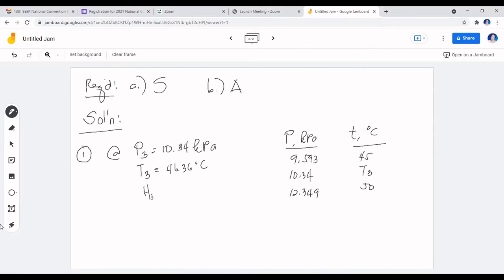Okay, so I will write here H sub 3. So in this case, class, you need the enthalpy as well, the enthalpy of the gas in kilojoule per kilogram. In the same columns that you have made, you can place it here. That way you need not go back to the same table and open it again. In here, I have the enthalpy of the saturated vapor at 45 to be 2583.2.